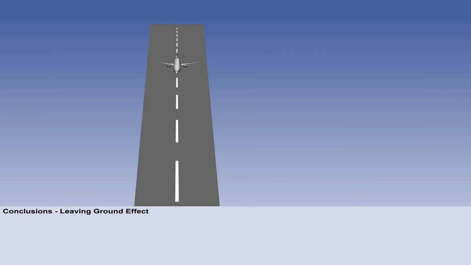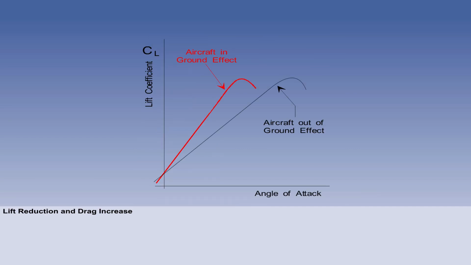The effects of climbing out of ground effect are generally the opposite to those of entering. If we again consider an aircraft climbing away with a constant CL and IAS, the following changes will occur. The lift coefficient will reduce, requiring an increase in angle of attack to compensate. The drag, and thus power required, will increase.